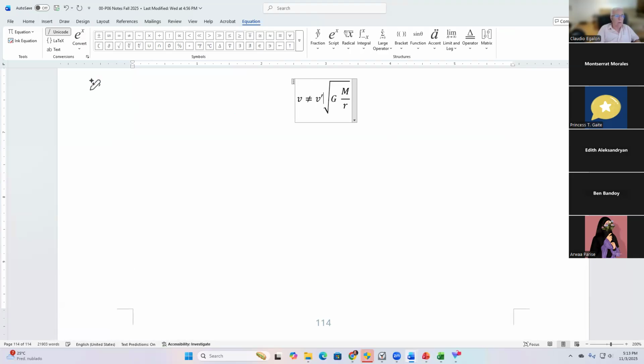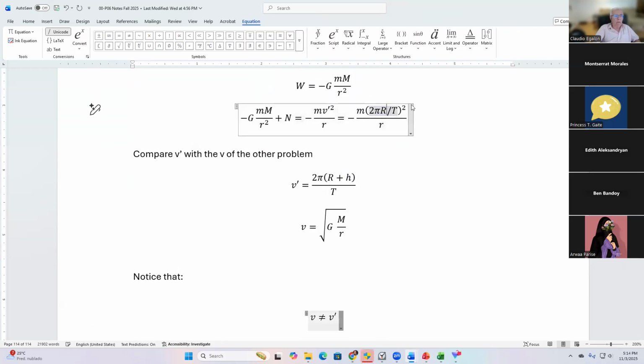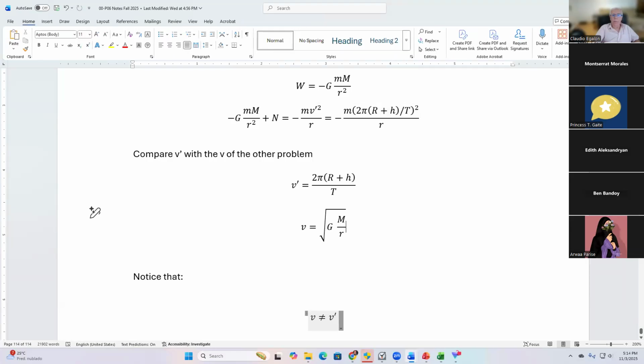V prime. Like that. So that's the major difference. And I gotta put R plus H here. R plus H. Okay. Here you go. The top of the building has a speed greater than the bottom of the building. The top of the tower has a speed greater than the bottom of the tower.